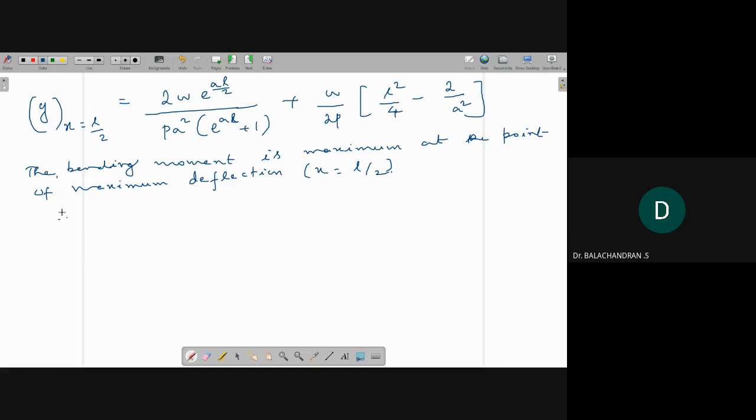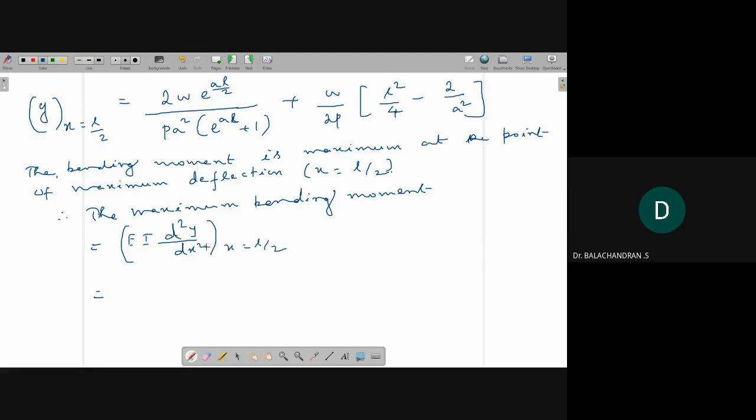So therefore, the maximum bending moment is equal to EI into d square y by dx square at x equal to L by 2.